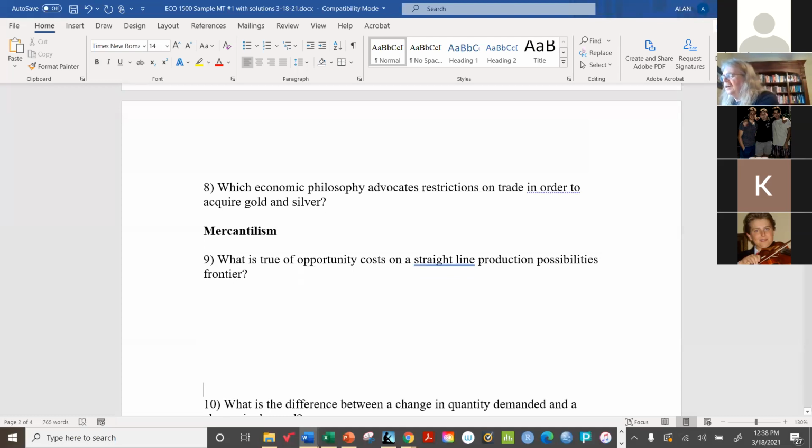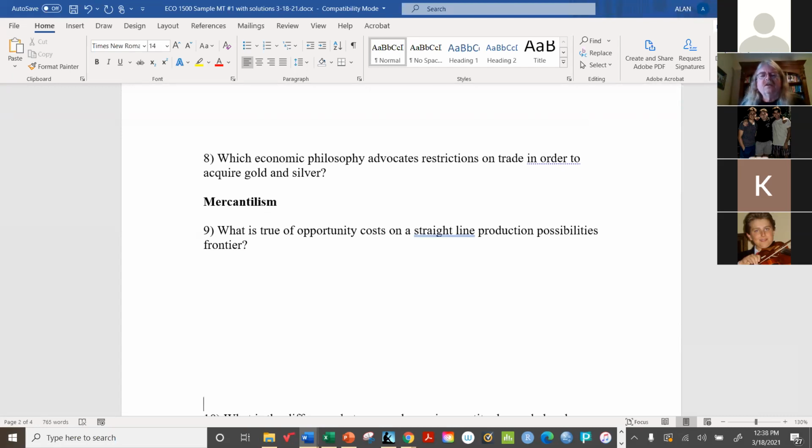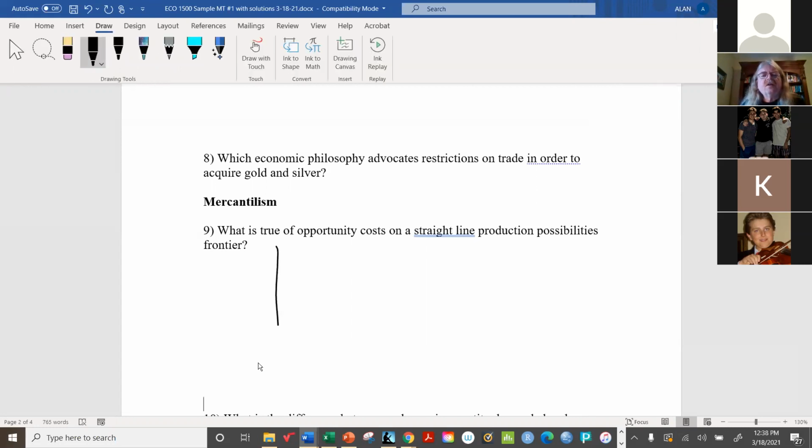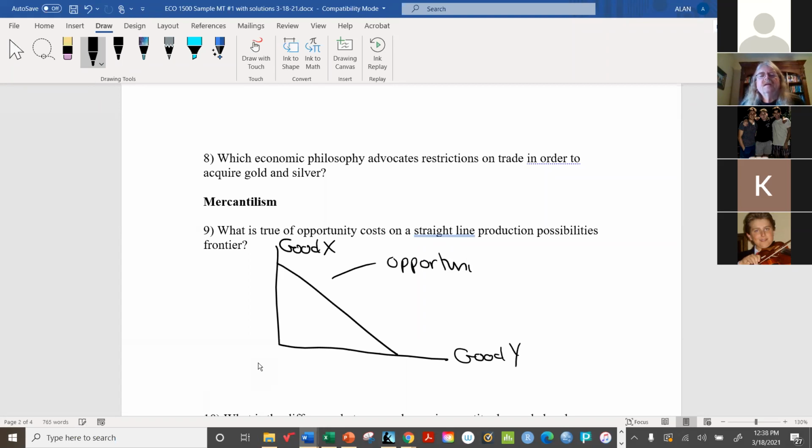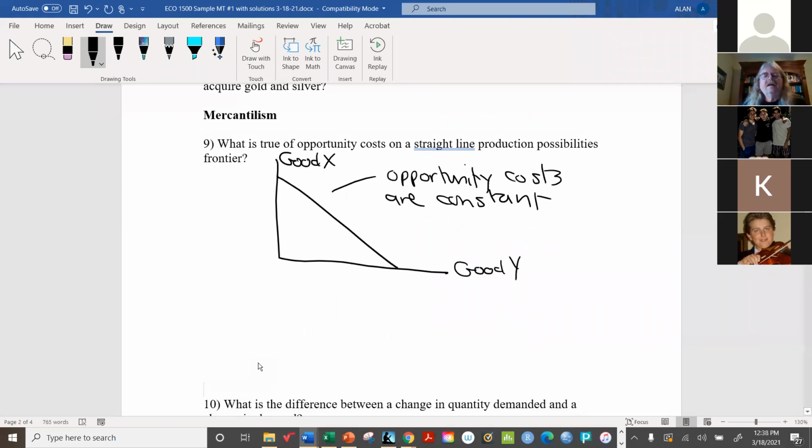Now, we haven't seen a ton of these in our slides, but if you look at the example with England and Portugal, where one is producing wine and the other is producing cloth, if you have a production possibilities frontier that is a straight line as opposed to a curve, then the opportunity costs are constant, as opposed to what we've seen before with our concave production possibilities frontier, which is what we're more used to seeing.